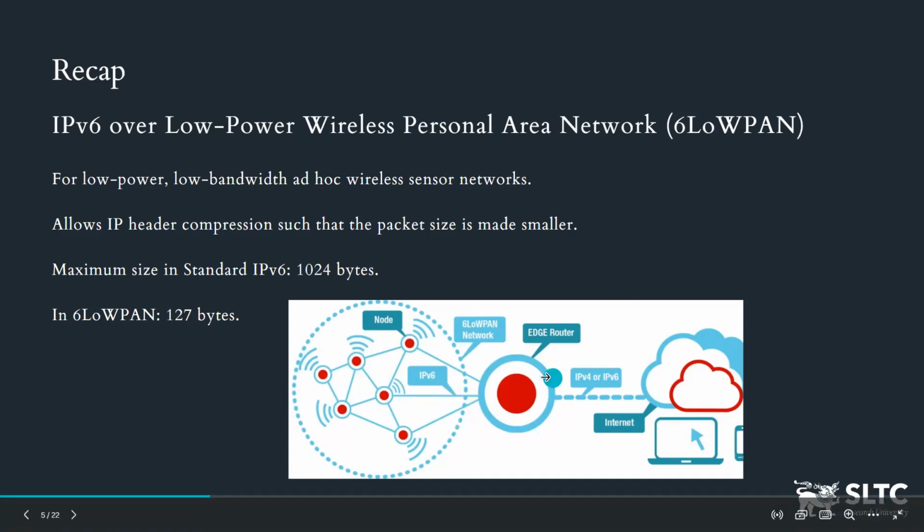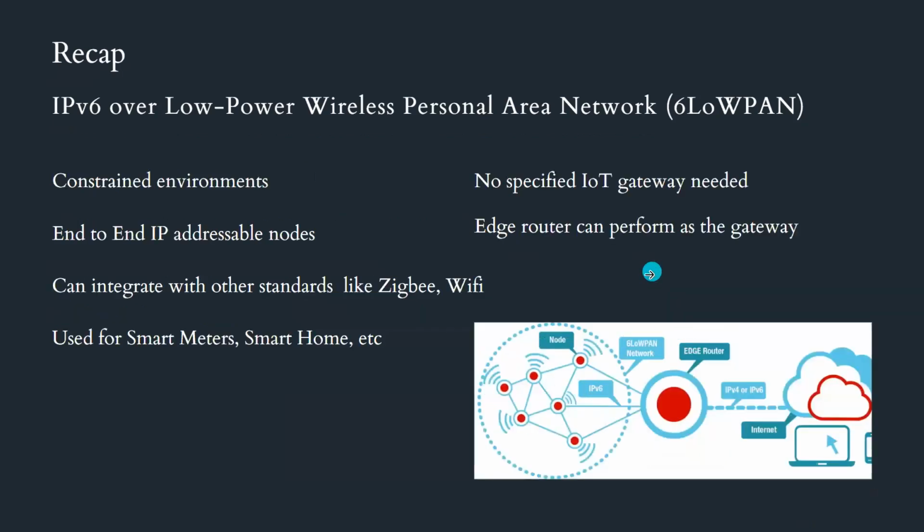After the packet reaches the edge router, it will be forwarded to the cloud using the normal IPv4, IPv6 addressing. So the edge router here is performing as a gateway between the two different networks.